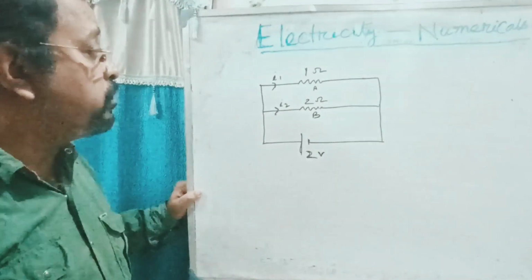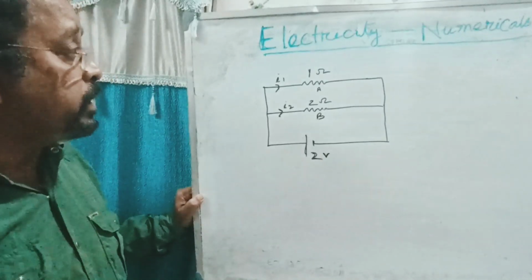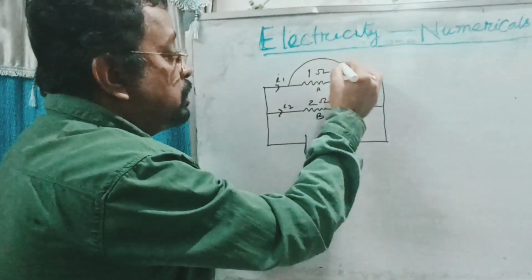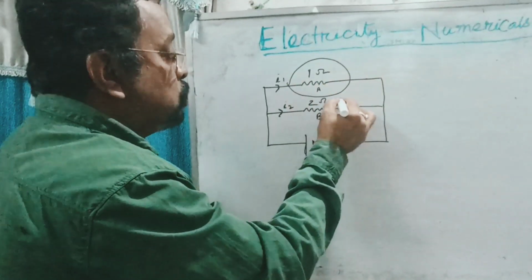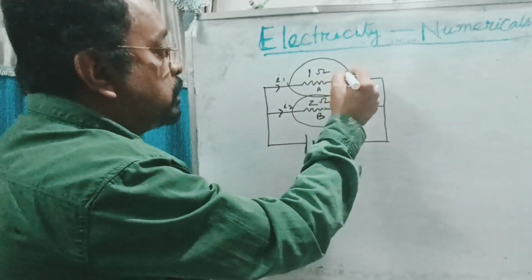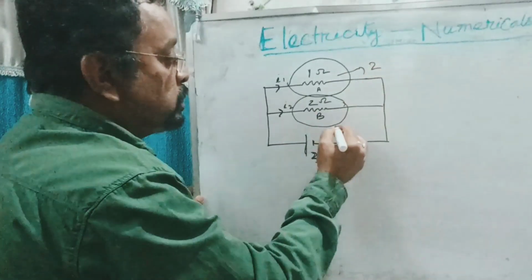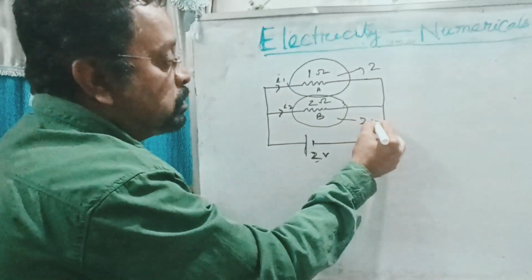So how will we find the value of I1 and I2? We know that in the case of a parallel connection, the potential across each resistor is the same. The potential across this is 2 volt, and the potential across this is also 2 volt.